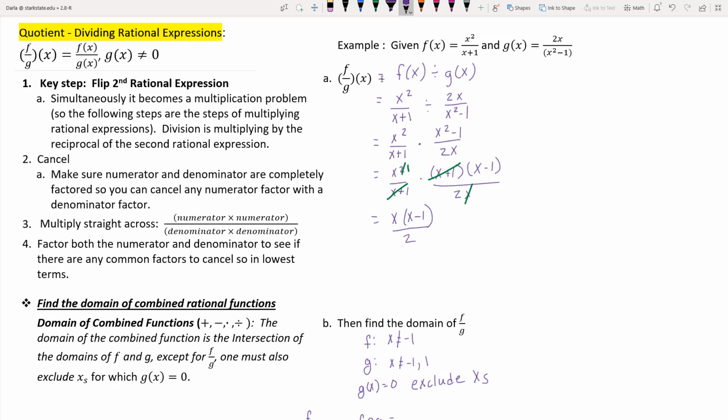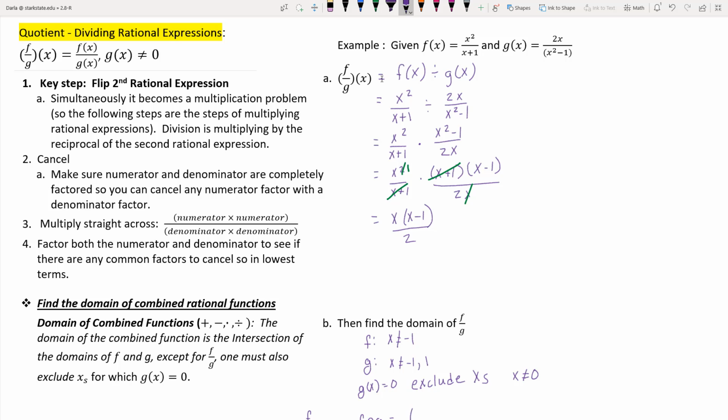And we can see that means x is not allowed to be 0, because that's when g of x is 0. And so if we put all of this together, we intersect all these ideas together, we see that we are not allowed to be negative 1, 1, or 0.